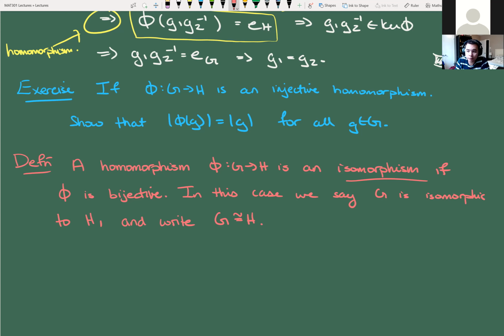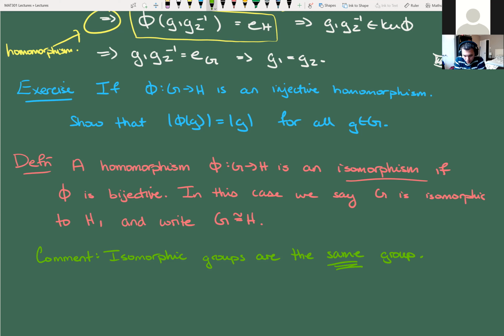The idea: isomorphic groups are the same group. Right? This is the idea. They might be written a little bit different, but they are in fact exactly the same group. Okay? That's the idea.